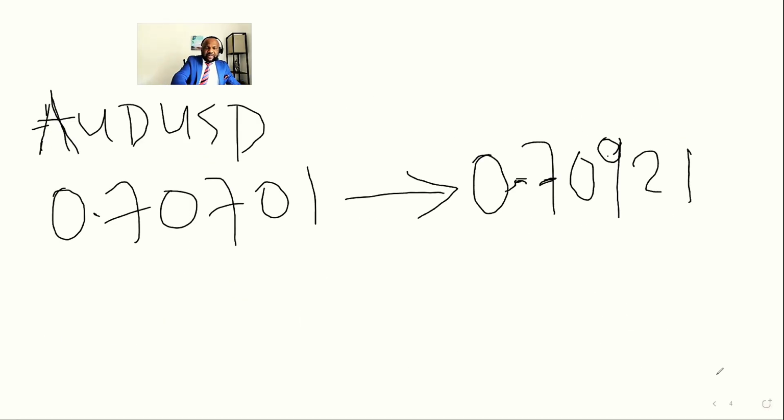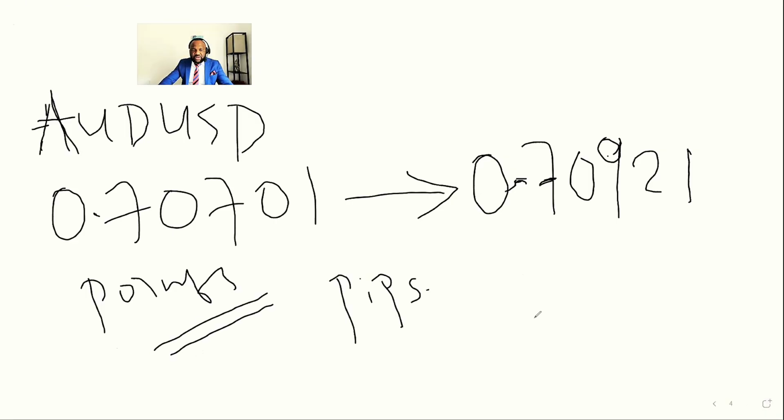So how many points? I want to see your points. How many points is this movement, and how many pips is this movement? 0.70701 this morning, and by this evening it has moved to 0.70921. We're trying to find out how many pips it moved today, or how many points it moved today. So the first thing is to remove the decimal.